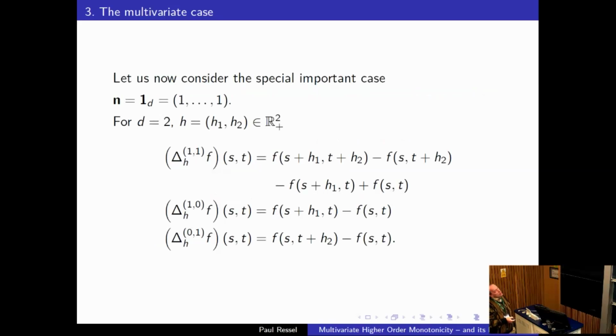And now we consider a special important case, namely n is the 1 vector. In dimension 2, we can just write down all these possible differences. Delta_{(1,1)} h is these 4 terms. And if I take delta_{(1,0)}, I have the difference in the first variable, and similarly in the second. That's absolutely clear.